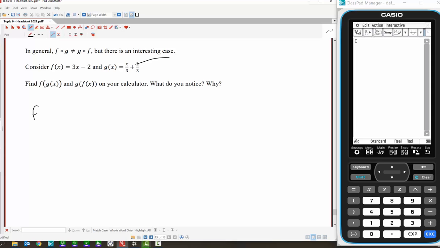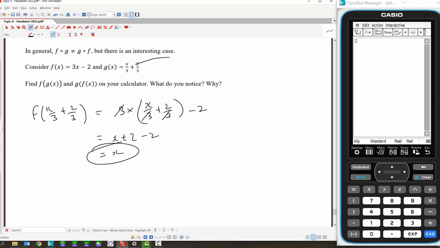I'm going to do f(g(x)). So g(x) is x/3 + 2/3, and f is 3 times that, take away 2. The 3 cancels out, leaving us with x + 2 − 2, which is x. So when I do f with g, the composition means that the function is x.